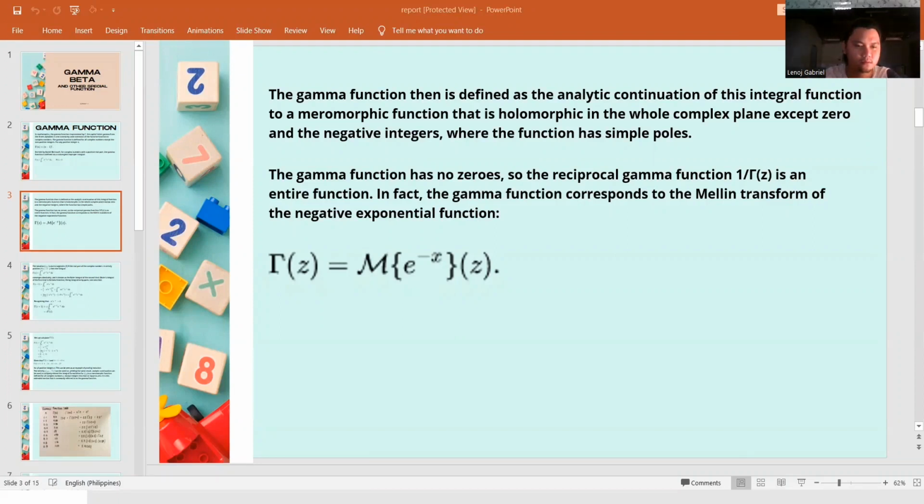Let u equal to e negative x, du equals to negative e negative x.